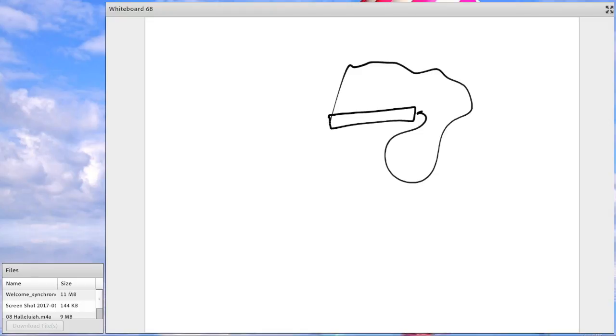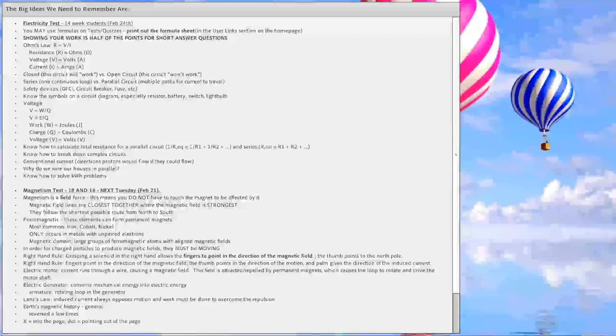So let me go back to my review again. These are all the notes I took. In order for a charged particle to produce a magnetic field, it has to be moving. When I used to teach in the physical classroom, we took D batteries and turned little pieces of copper around a pencil to coil them, then attached them on either side of the battery, and with some magnets we could get them to spin.